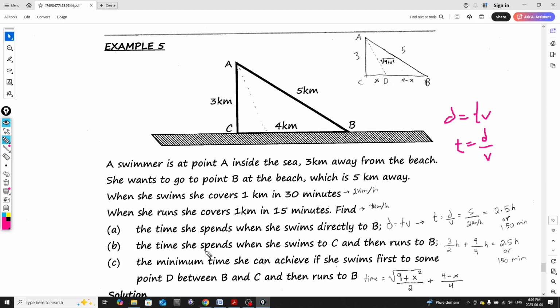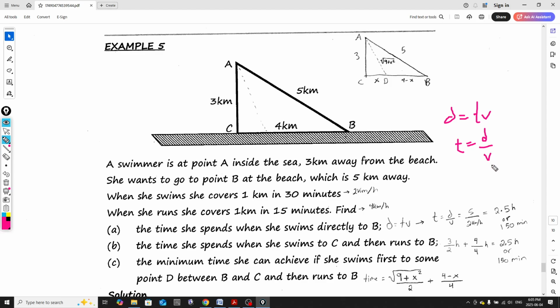Now the time she spends when she swims to C and then runs to B. So if she goes from A to C and then decides to run to B, how much time is that going to be? Well, A to C is a distance of 3, and she's swimming that distance at a speed of 2.